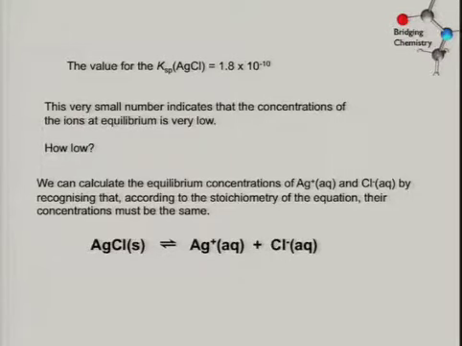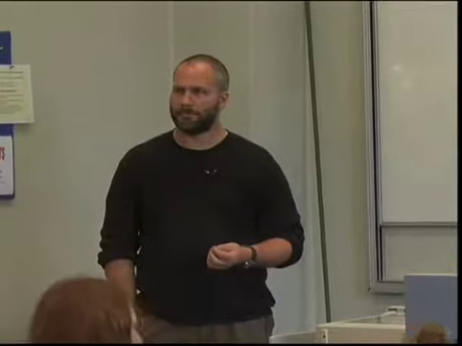So that means that whatever the concentration of the silver ions is at equilibrium, the concentration of the chloride ions must be the same. Every time one lot of silver chloride dissolves, you get one silver ion and you get one chloride ion. So their concentrations in your solution must be the same as each other.